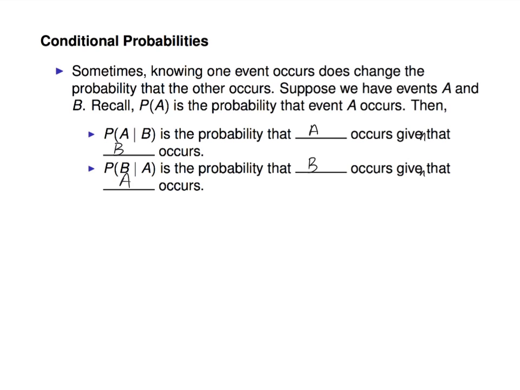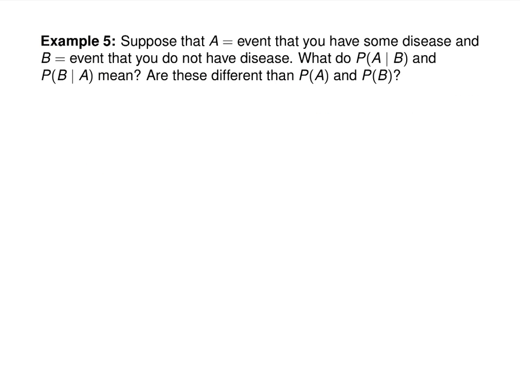But it's read A given B or B given A. Okay, so A is the event that you have some disease, and B is supposed to be the event that I meant to fix this and I guess I messed up because I have it in my notes and forgot. The event that you have a positive test result.